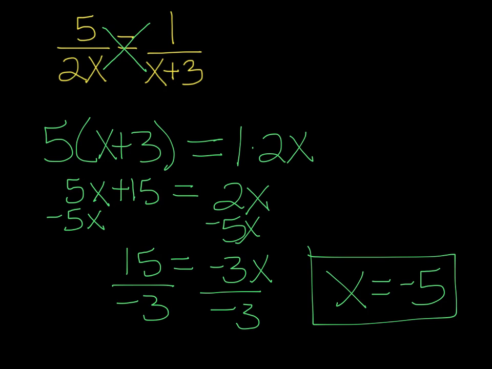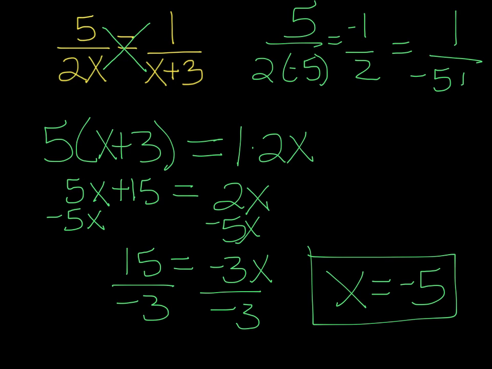And you can check all of these. 5 over 2 times negative 5, which is negative 1/2, should equal 1 over negative 5 plus 3, which is also negative 1/2. So it's good to go.